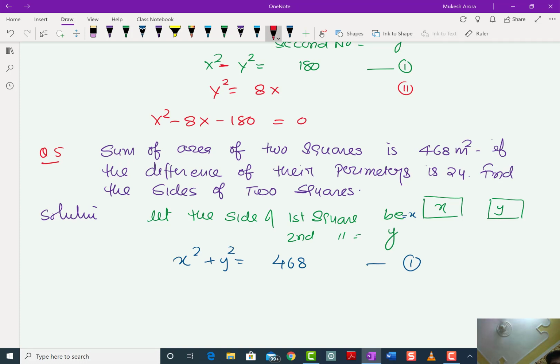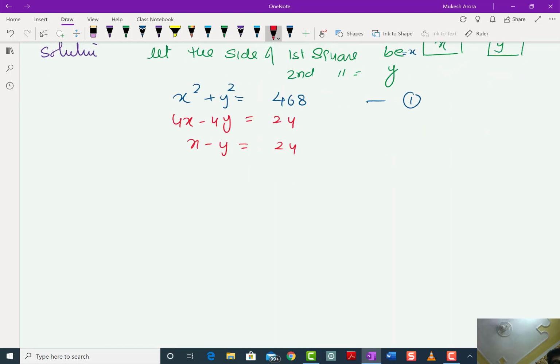The difference between perimeters means 4x minus 4y is equal to 24, so x minus y is equal to 6. From here you find the value of x is equal to 24 minus y. You will substitute 24 minus y whole square plus y square is equal to 468.